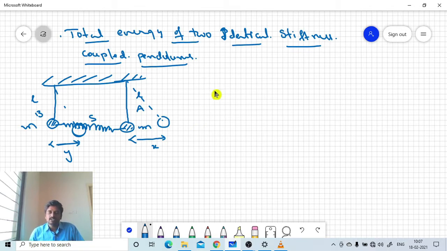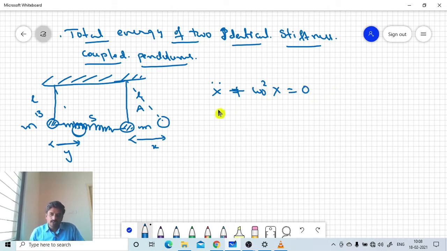The displacement of the two identical pendulums connected to each other, with the help of the normal coordinates, gives: capital X double dot plus omega naught square capital X is equal to 0. This is equation 1.